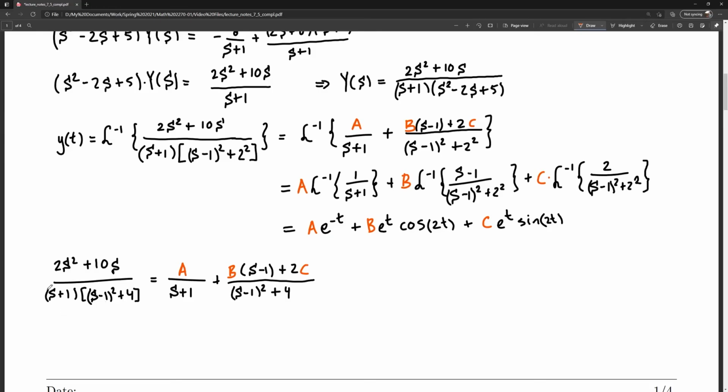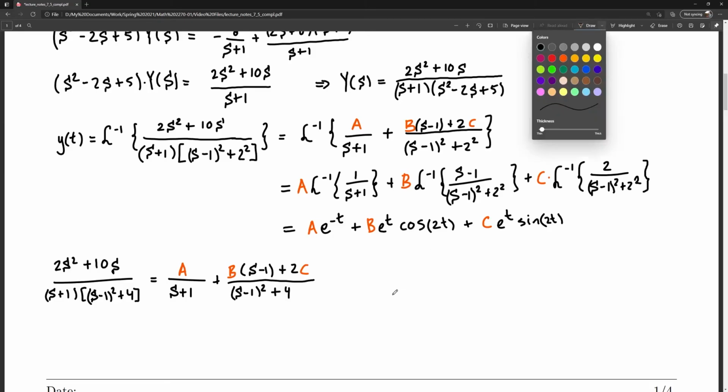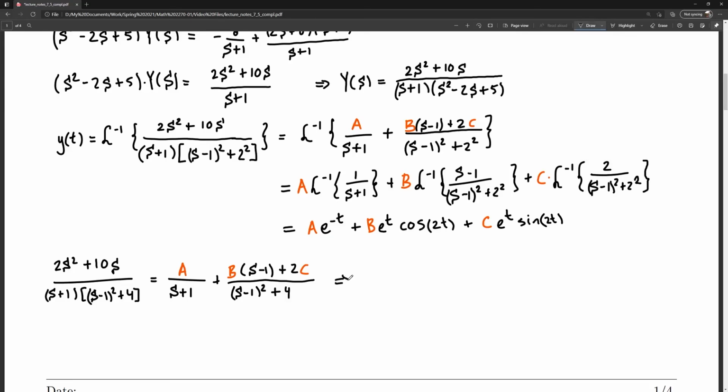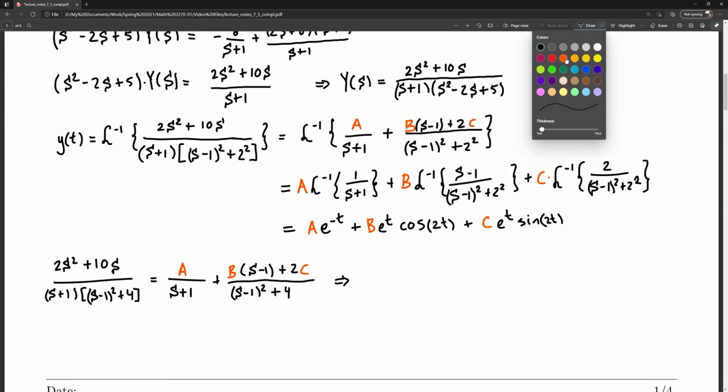So you would multiply both sides by the denominator on the left. Some stuff will cancel out. Then you pick some smart choices for s, and then you figure out what these constants should be. And I would urge you to do this, to double check this, and see if you can find the correct coefficients.